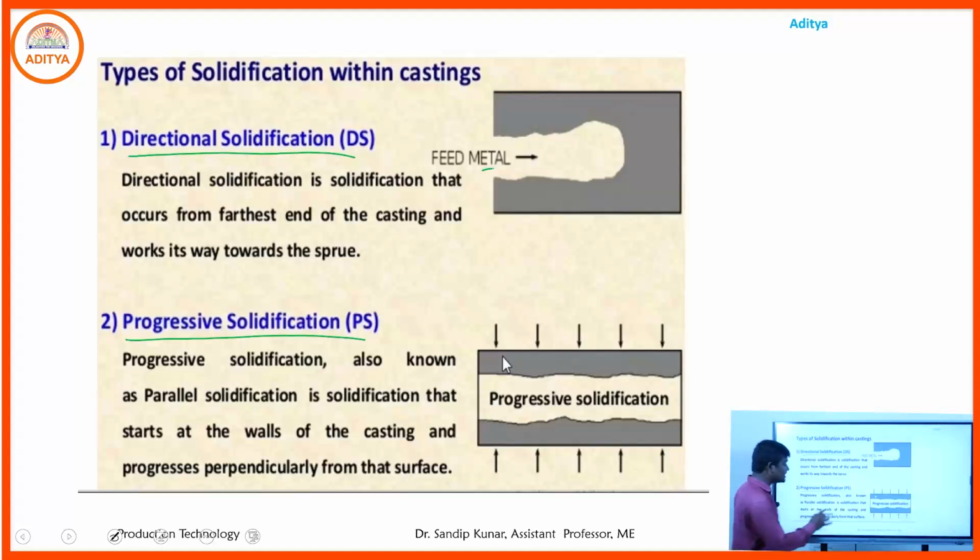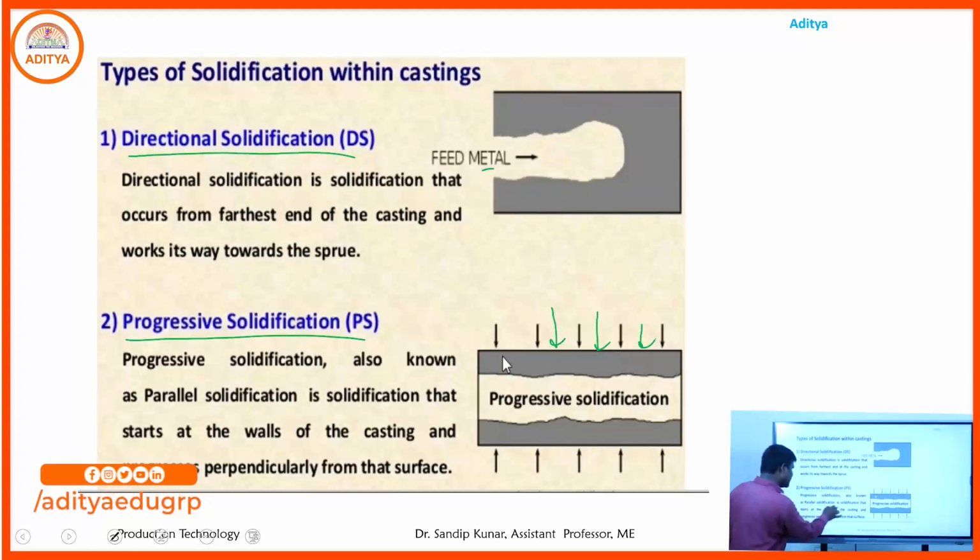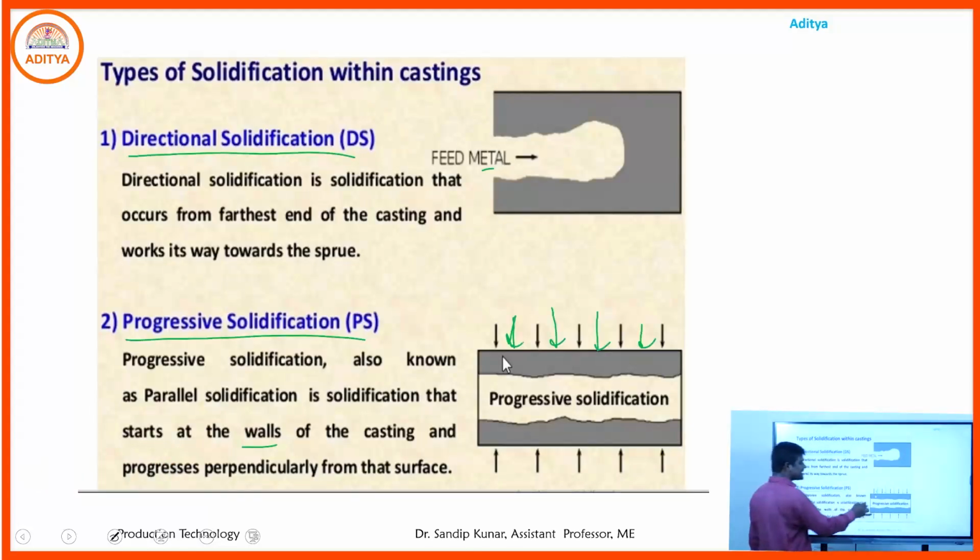Progressive solidification starts from the walls, meaning more heat is extracted from that particular wall surface.